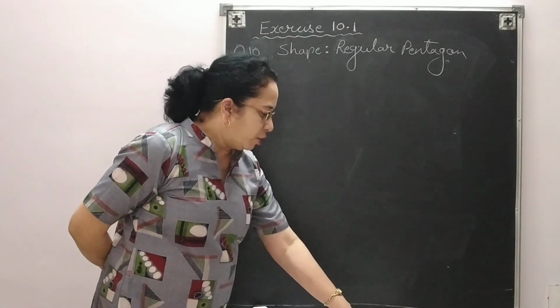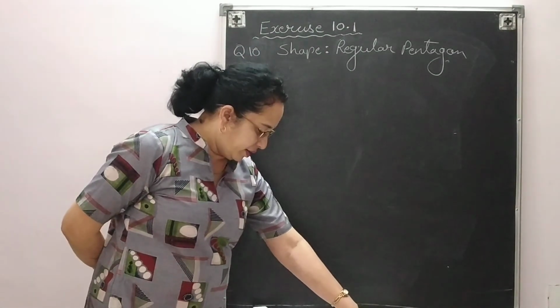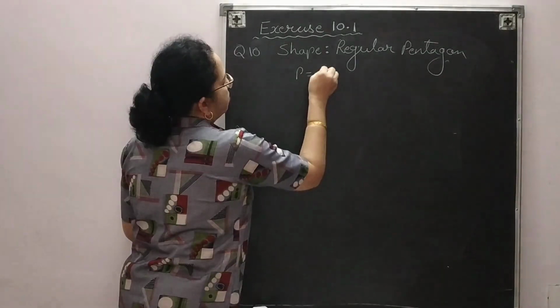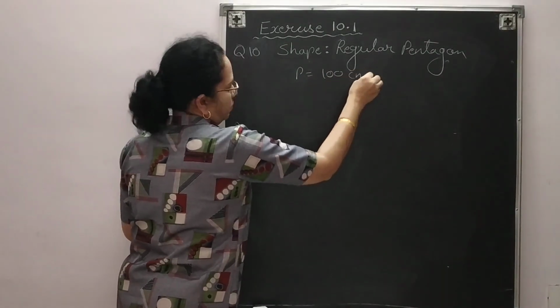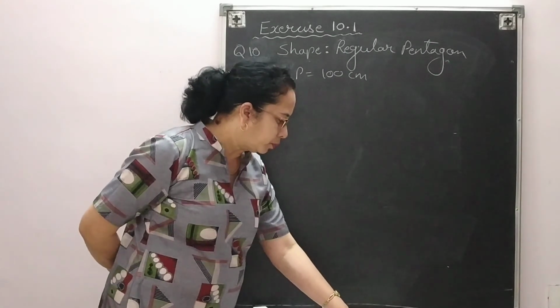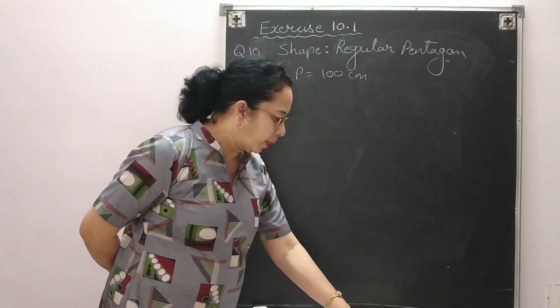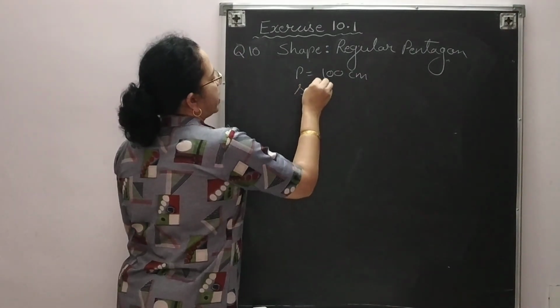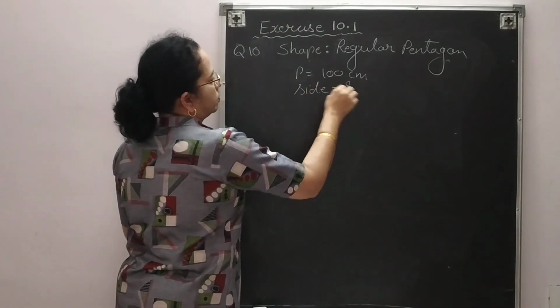The perimeter of a regular pentagon is 100 centimeter. So perimeter is given 100 centimeter. How long is each side? So side is question mark.